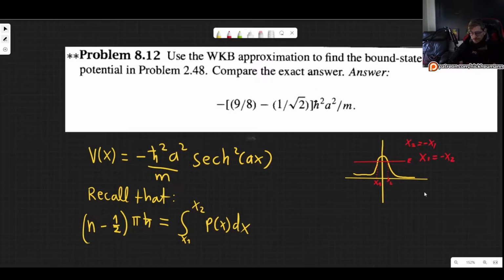Another important thing, we are in a situation where there are no walls, at least no vertical, infinite walls. So that means that we are in the case that we saw right here. We proved this formula some videos ago. This is the WKB approximation, the result that it gives us for the case where there are no sloping walls. So we get that n, the energy levels, minus 1/2 times pi h bar is equal to the integral between our turning points of the momentum.